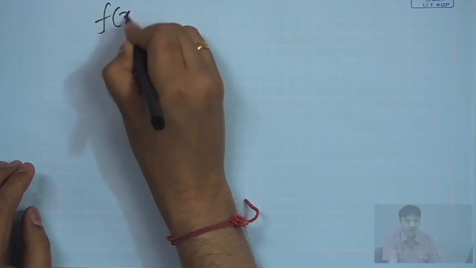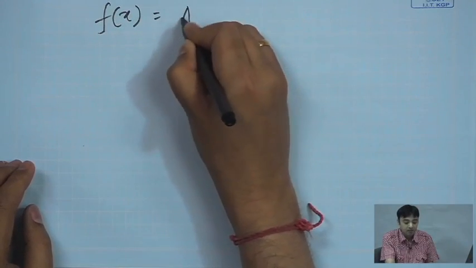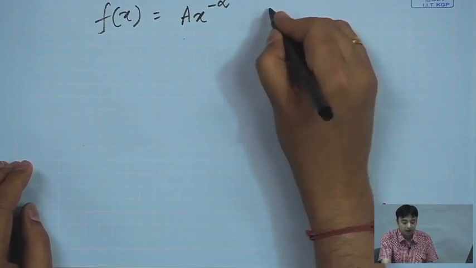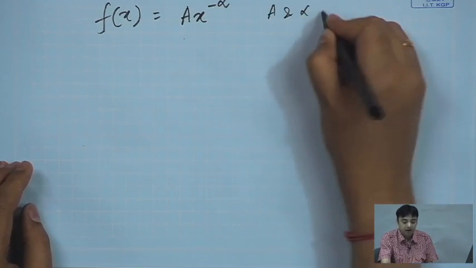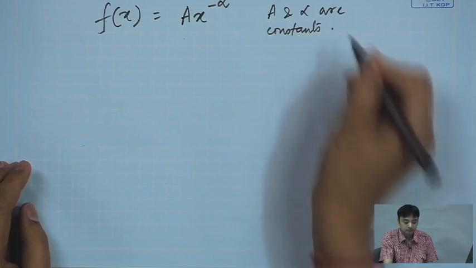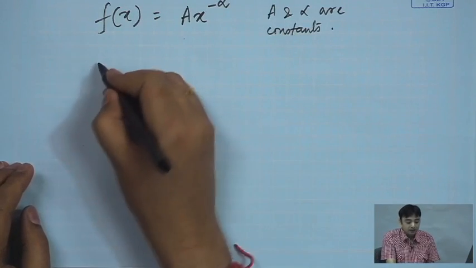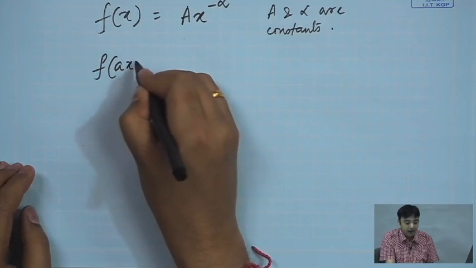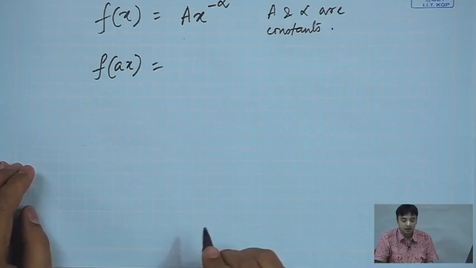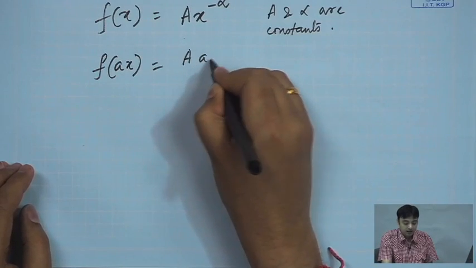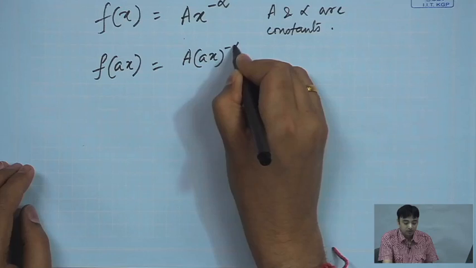Let us say that my f x is some a x to the power minus alpha, where a and alpha are constants. Now, let us say we have f of a x. This should be nothing but a times a x to the power minus alpha.